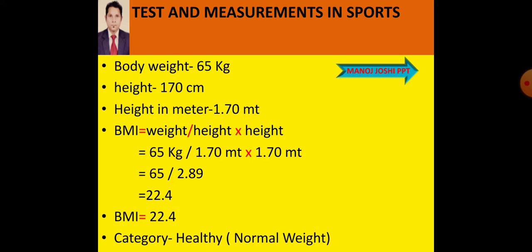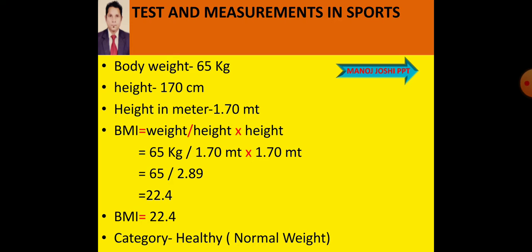So BMI will be weight divided by height into height, so 65 divided by 1.70 into 1.70. So 65 divided by 2.89 comes to 22.4. So with 65 kg weight and 170 centimeter height, the BMI is 22.4.